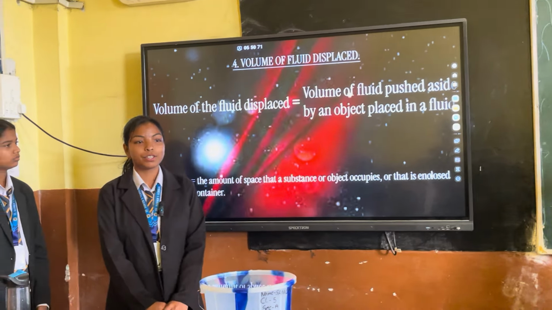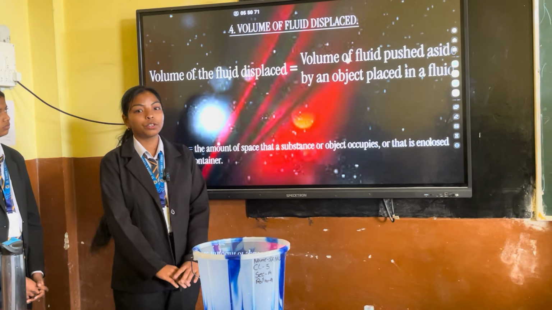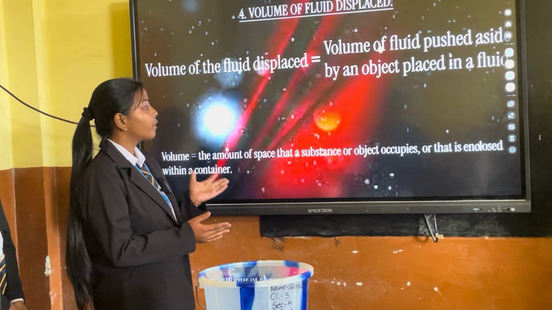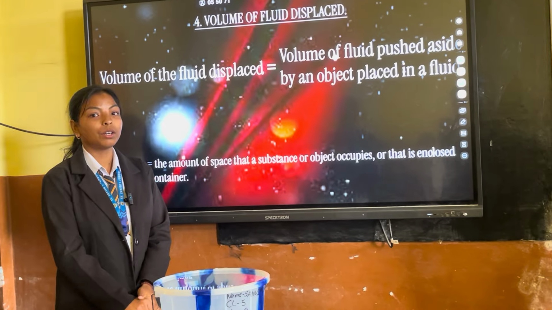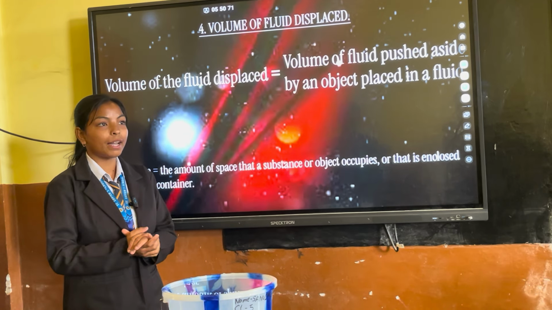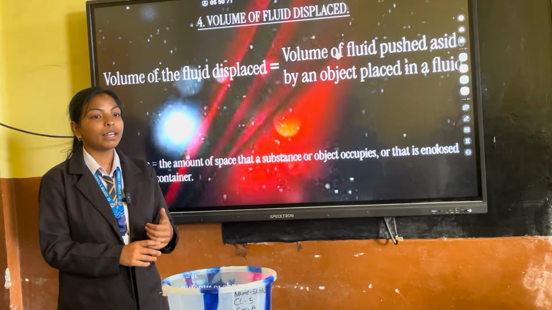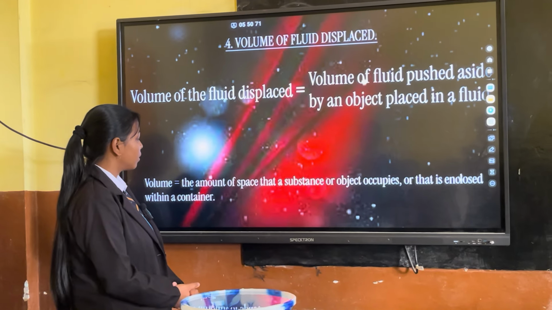So my name is Kasturi and my topic is volume of fluid displaced, and there are two more topics. Volume of fluid displaced means the amount of fluid pushed out of the way by an object when it is placed in a fluid, liquid or gas.